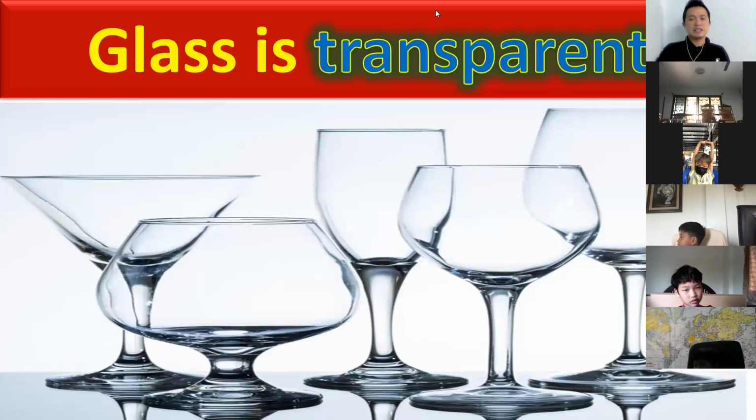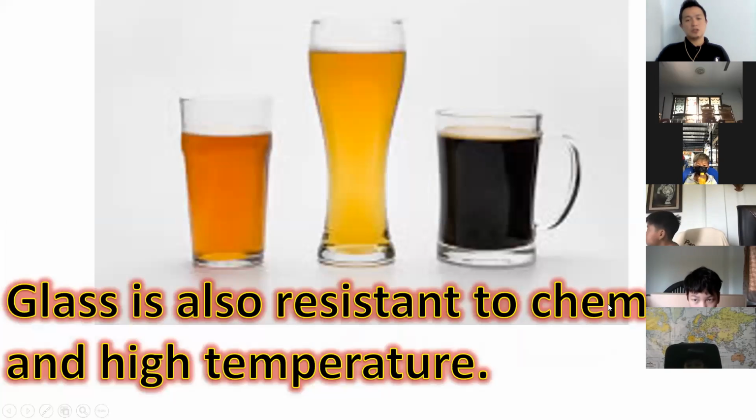Glass is transparent. You can see outside, the teachers are walking. You can see different people outside because of the property which is transparent. Glass is also resistant to chemicals and high temperature.